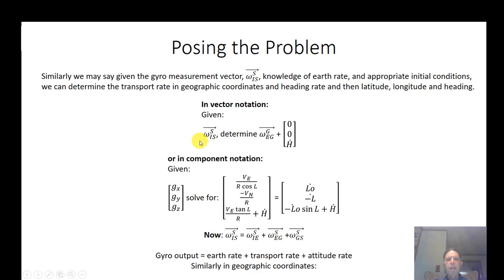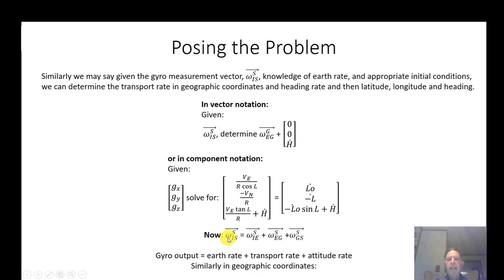So the gyroscopes measure essentially angular rate of geographic with respect to ECEF expressed in geographic frame plus the attitude rate, which in this case is only heading rate. Now, what have we forgotten about? Well, temporarily we forgot about earth rate, and earth rate is very important, as we'll see.